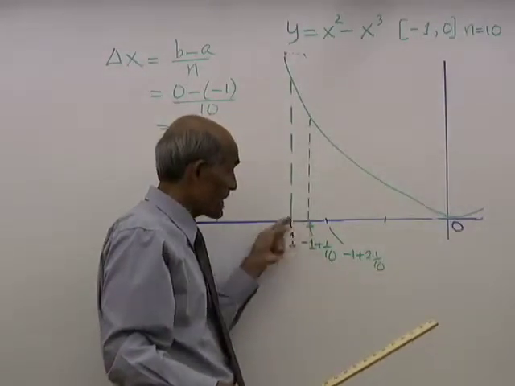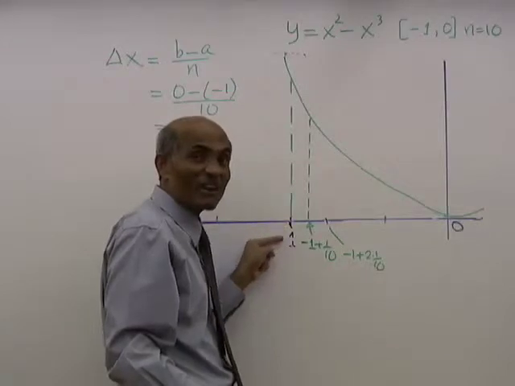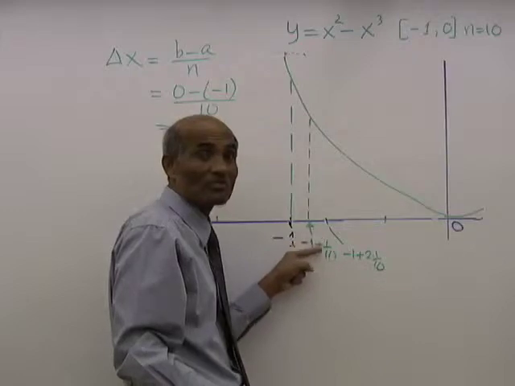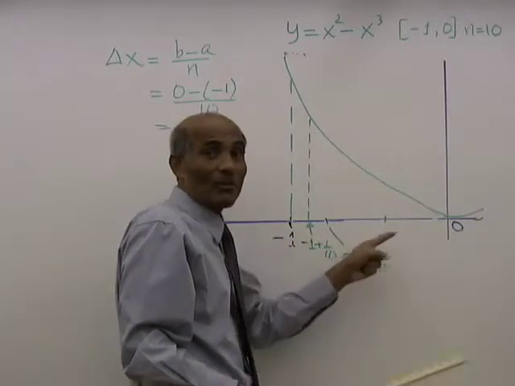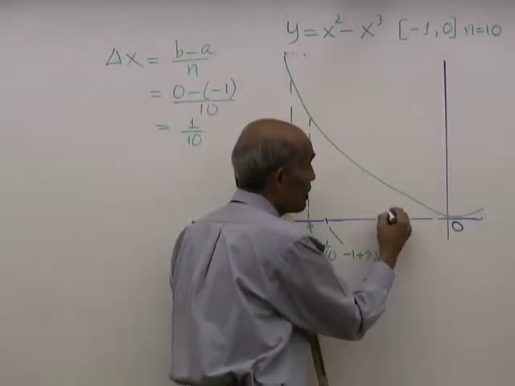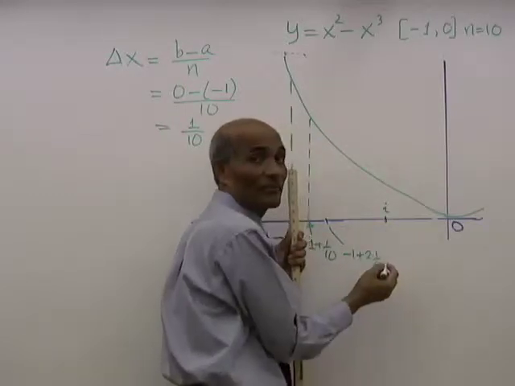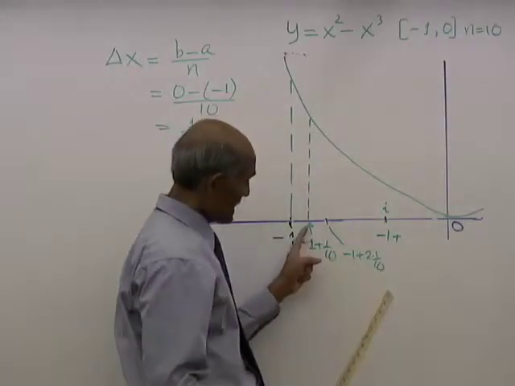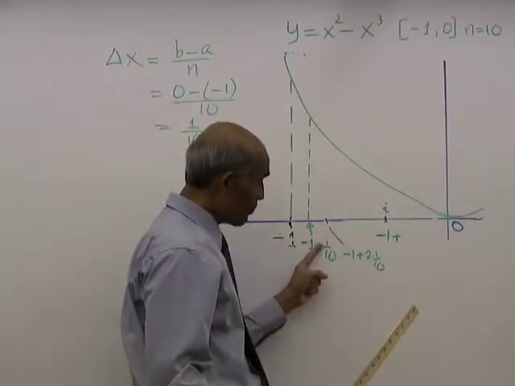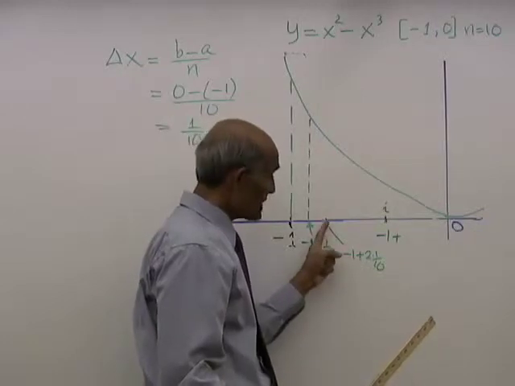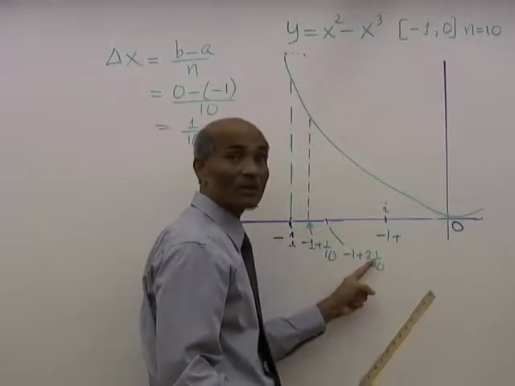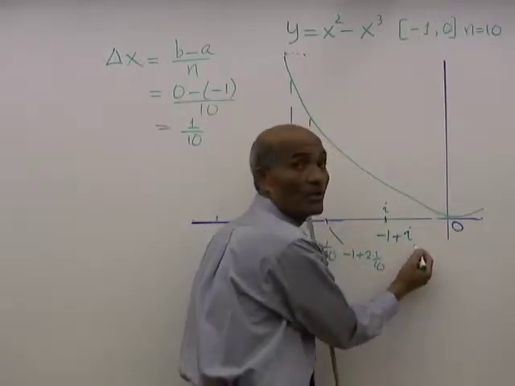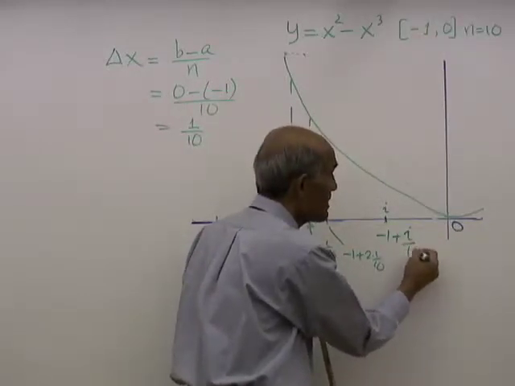I hope you understand when I say the right x value. For the first rectangle, this is the left x value, -1. That is the right x value, -1 plus 1 over 10. What will be the right x value for the ith rectangle? It will be -1 plus 1 times 1/10, -1 plus 2 times 1/10. It will be -1 plus i times 1 over 10, or i over 10.